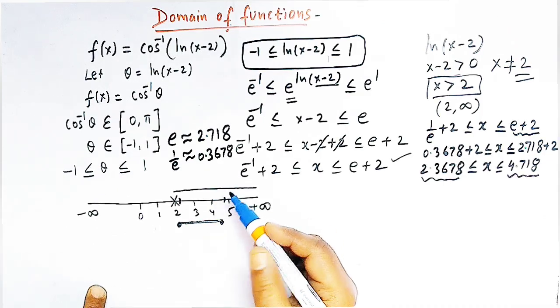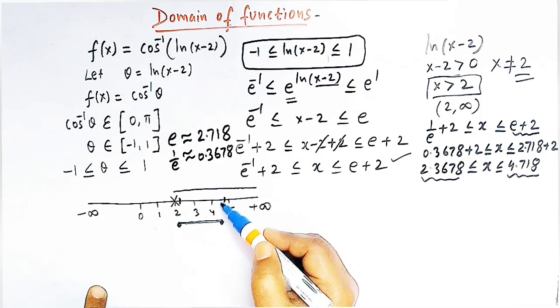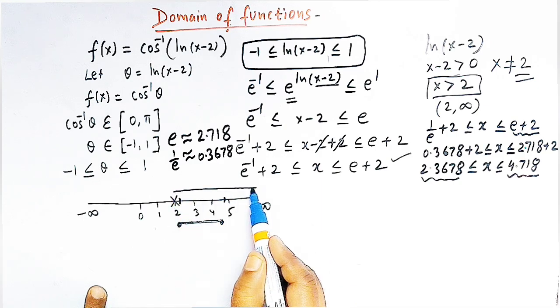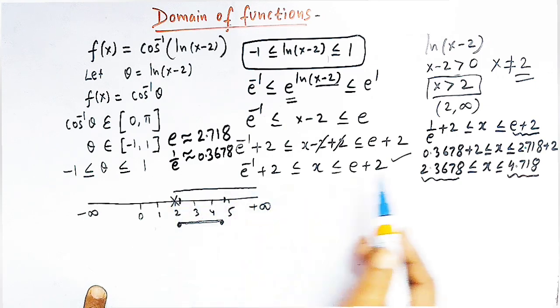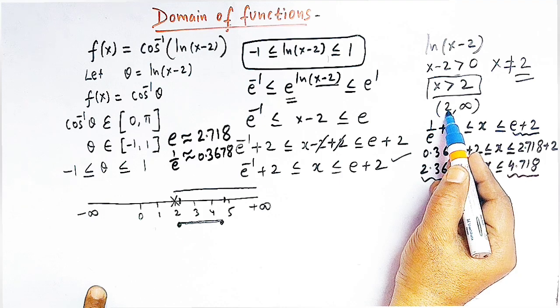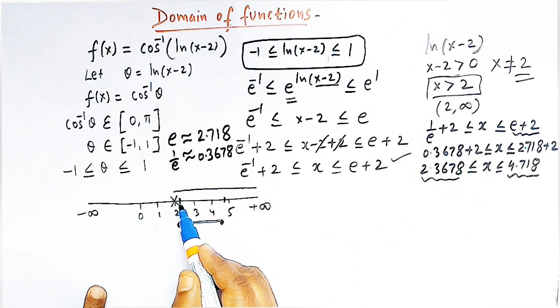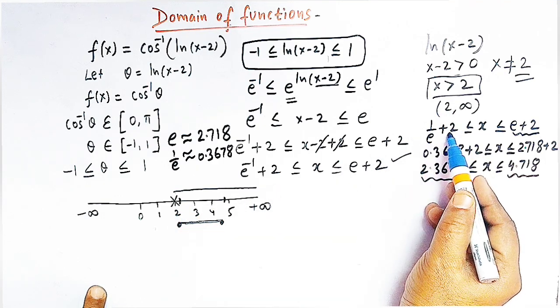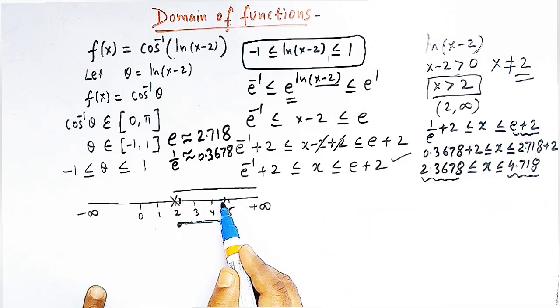So now we have to identify the common region between these two regions, that is first from 2 to infinity where 2 is not included, and from 1 over e plus 2 to e plus 2.